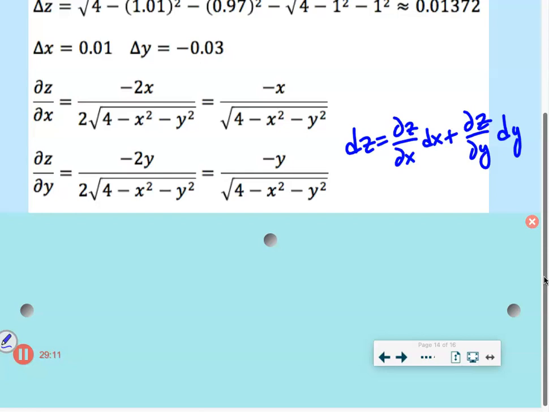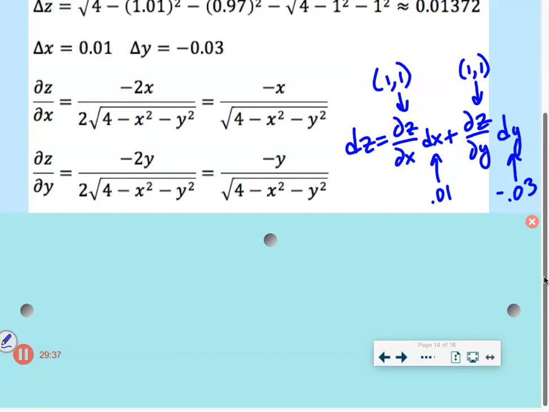So that's my total differential for z. When you're plugging in, the number you plug in here is the ideal number, that's the (1, 1). Same thing here, (1, 1). Then your dx, or your delta x, would be 0.01, and your dy, which is the same as your delta y, is negative 0.03.